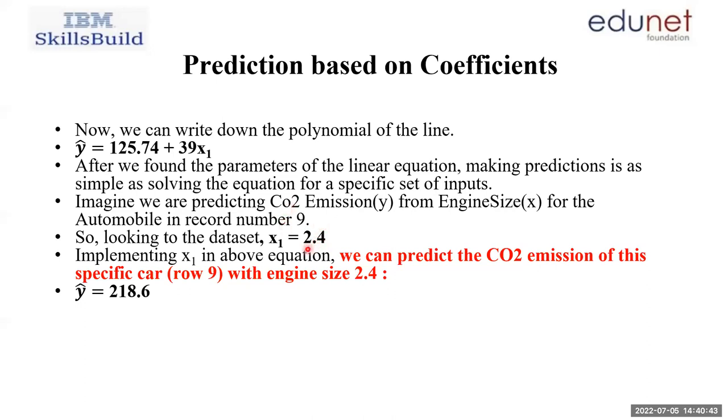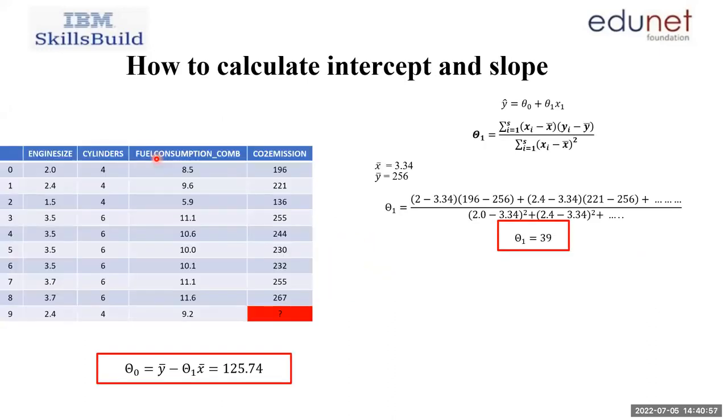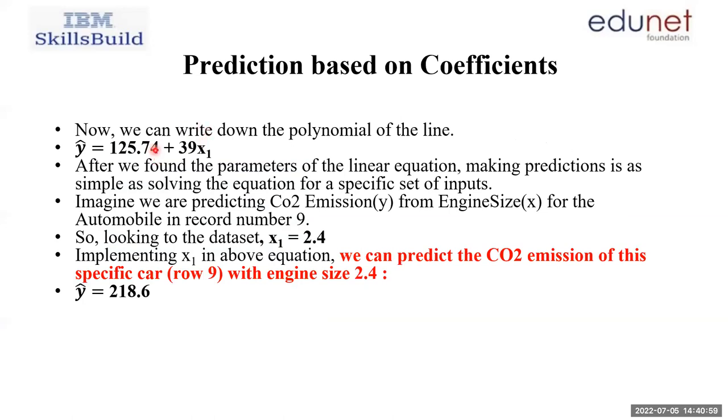So we have to substitute all the values: 125.74 as theta 0, then 39 as theta 1, then x1 as the unseen value 2.14. When we substitute these, we get 218.6 as the predicted value.